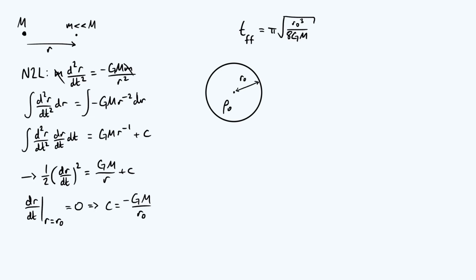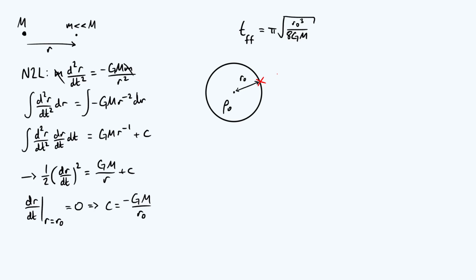Now, if you just allow this thing to collapse under gravity and consider the motion of a particle sitting just on the outer layer of the cloud, Gauss's law tells us that the force that particle experiences is equivalent to the force you would get if you condensed all of the mass of that cloud down and put it at a point in the middle. In other words, the force of a spherically symmetric mass distribution is equivalent to the force of a point mass sitting at the center of that mass distribution.